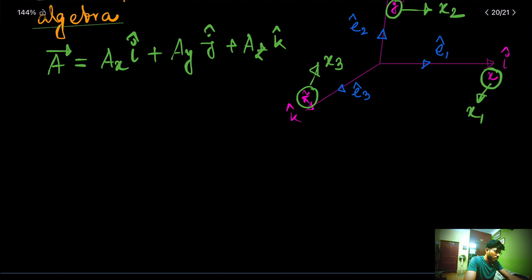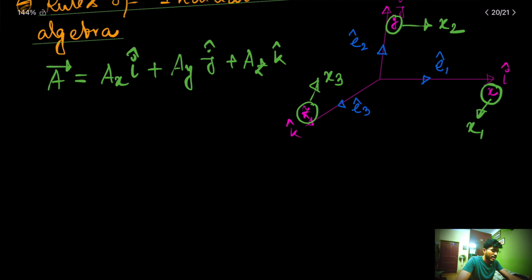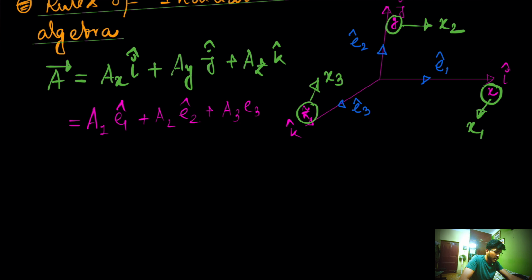Let us see. In this notation, that is x1, x2 and x3 and e1, e2, e3, I can write this vector A as a1 e1 cap plus a2 e2 cap plus a3 e3 cap, okay.